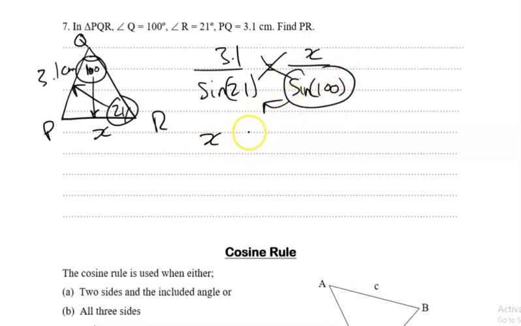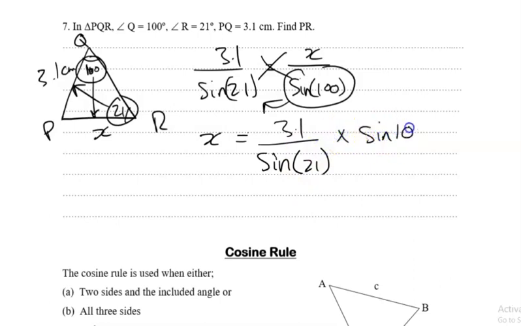It becomes times. So x is going to equal 3.1 over sine 21 multiplied by sine 100. x is going to equal 8.52 centimeters.